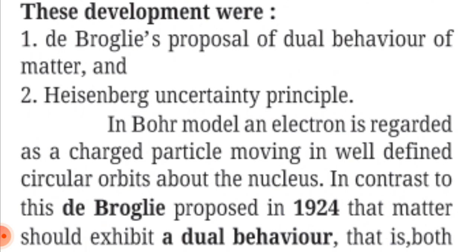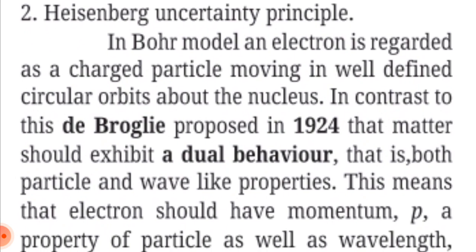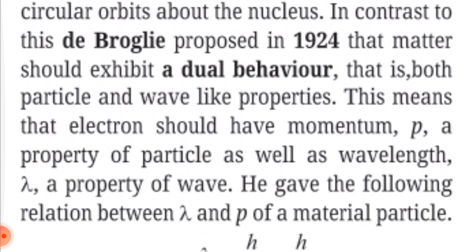In Bohr's model, an electron is regarded as a charged particle moving in well-defined circular orbits about the nucleus. In contrast to this, de Broglie proposed in 1924 that matter should exhibit a dual behavior, that is, both particle and wave-like properties.